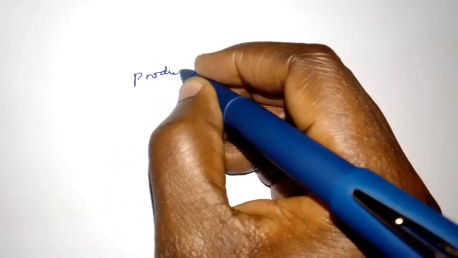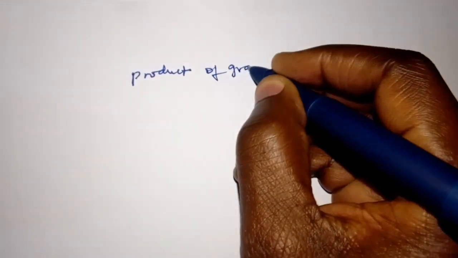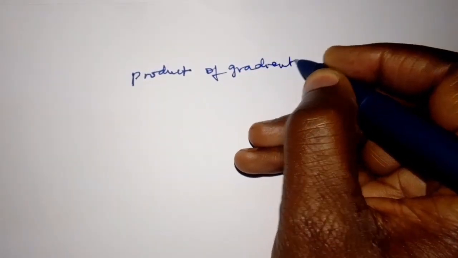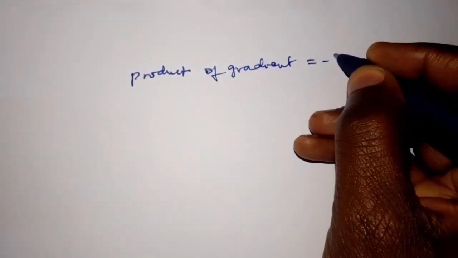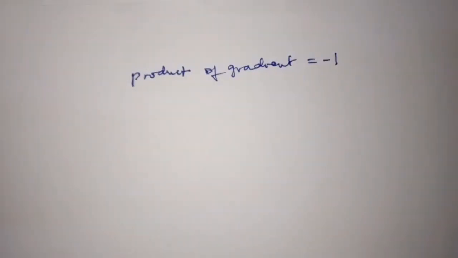When the product of the gradients of two lines is equal to -1, then that means that they are perpendicular.